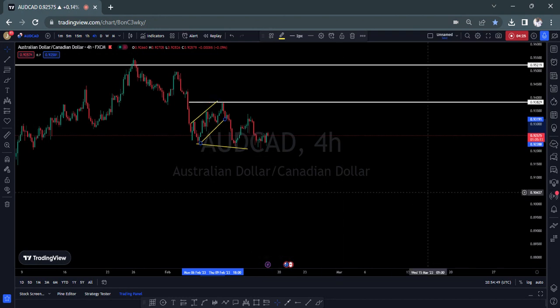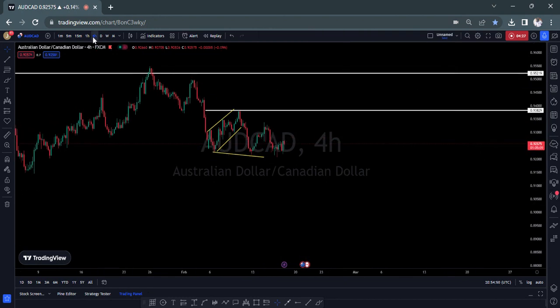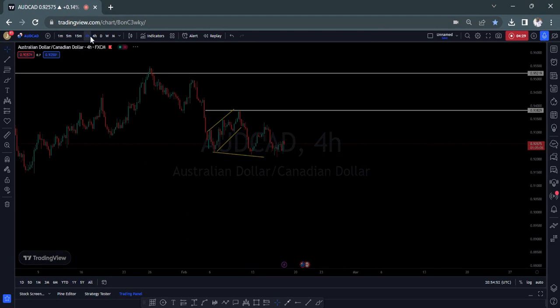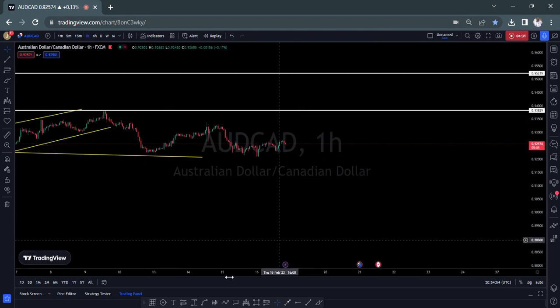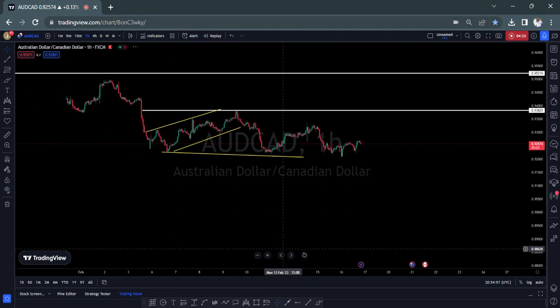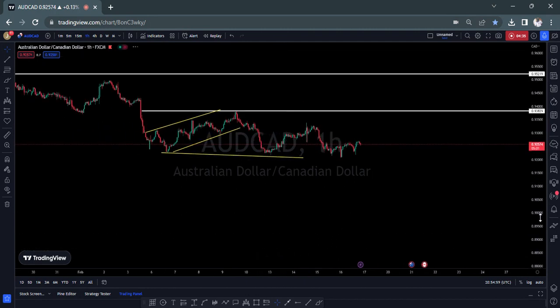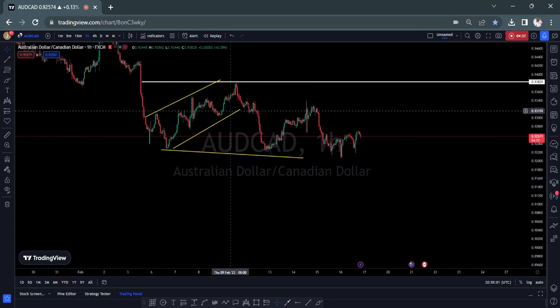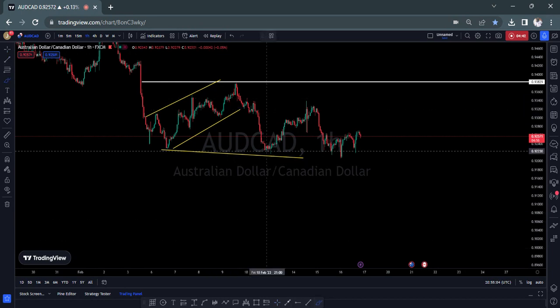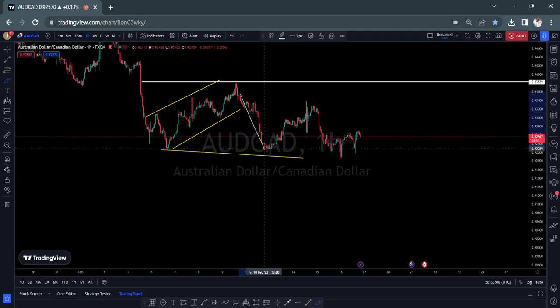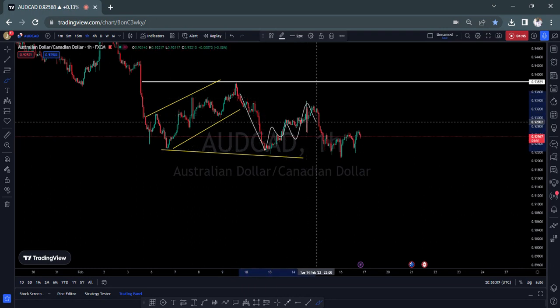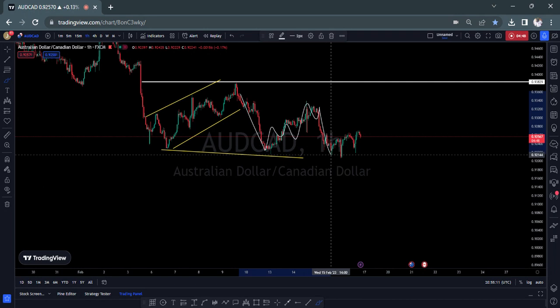One thing I actually want to explain here is the reoccurrence of similar pattern shape. You can see after this completed its 90% rule, it formed another ascending channel and completed its own 90% rule.